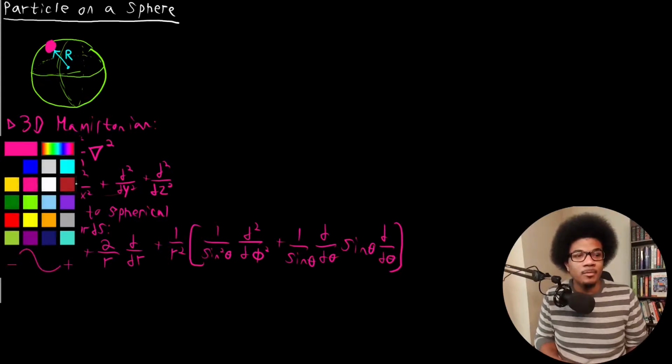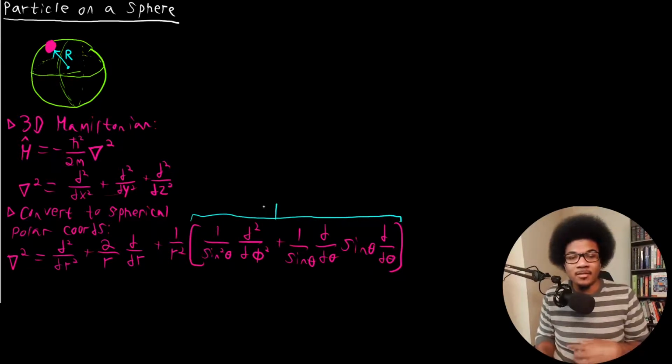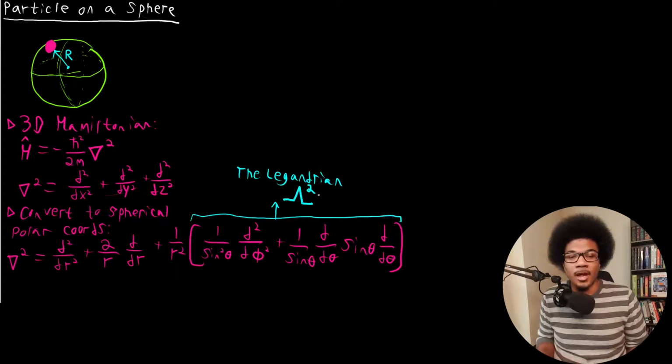A few things to point out here. What I've put in brackets is a series of derivative terms that's usually referred to as the Legendrian. We usually use a capital lambda squared to denote the Legendrian, and I'll be referring to it as lambda squared from here on out.